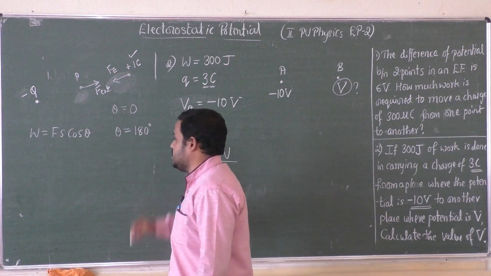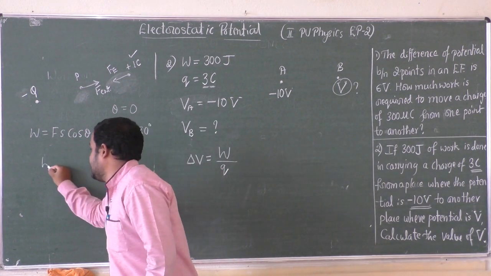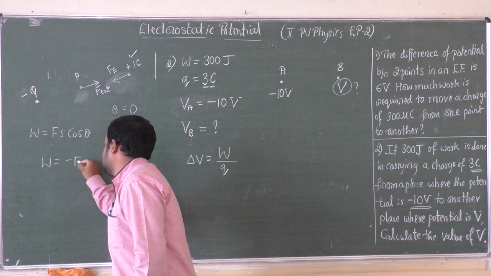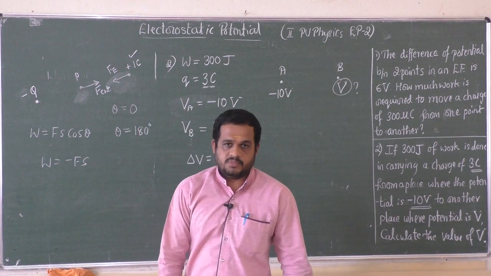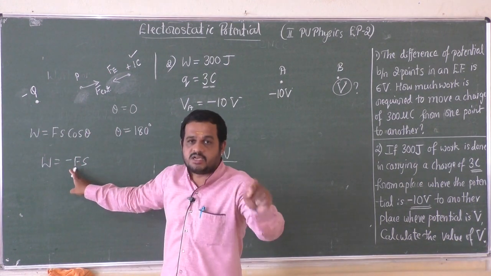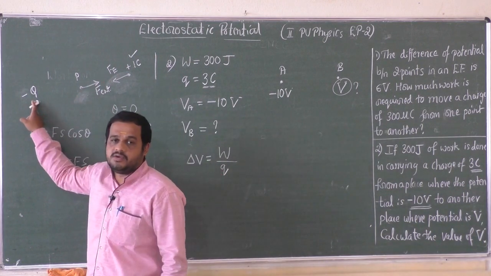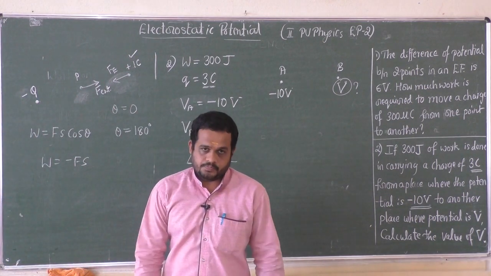So theta is equal to 180 degree, cos 180 is minus 1, we get W is equal to minus F into S. If the source charge is negative, work done by the external force is negative. Therefore, potential due to a negative charge is negative.